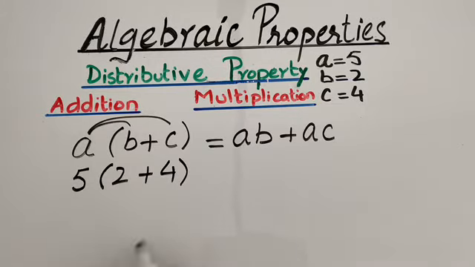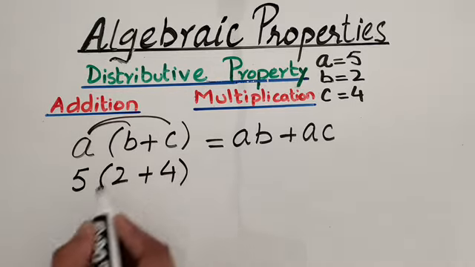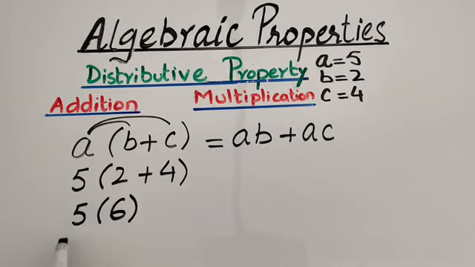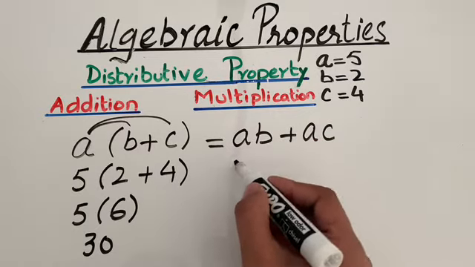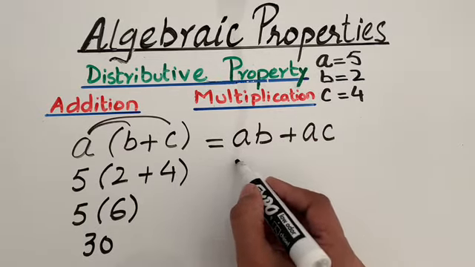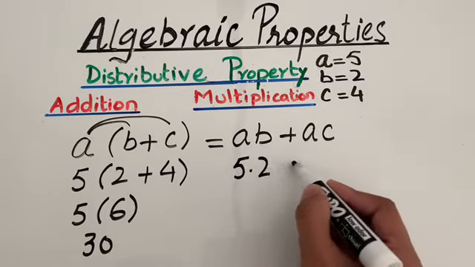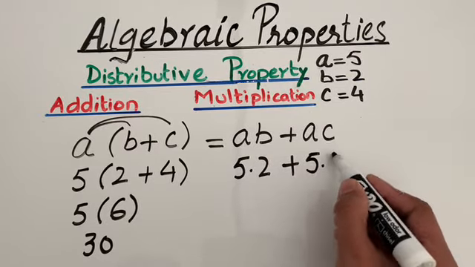So let me solve it first. This side of the equation, as you know, the order of operations says that we'll solve the parenthesis part first. So I'm going to write 5 as it is and 2 plus 4 is 6. Now 5 times 6 is 30. Let's substitute the values here and solve it. So A is 5, B is 2, so 5 times 2 plus A is 5 and C is 4.